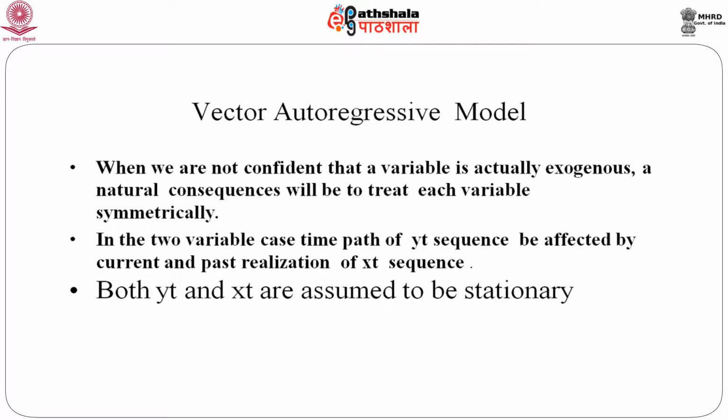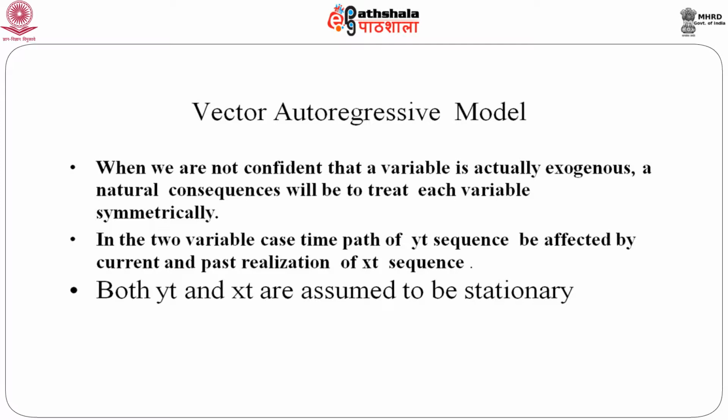At the same time, we can assume that the xt sequence is in turn affected by current and past values of the yt sequence. So, we treat both variables yt and xt symmetrically.